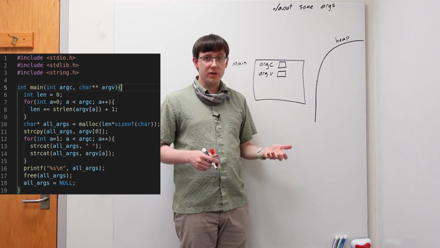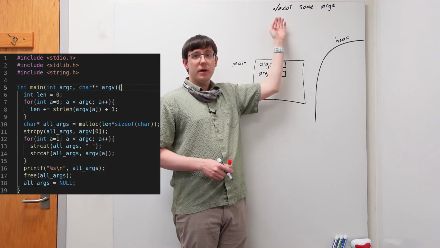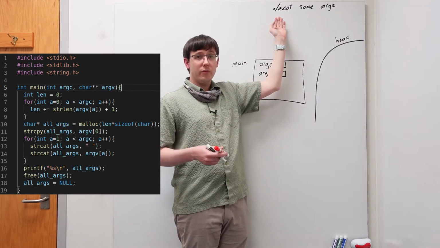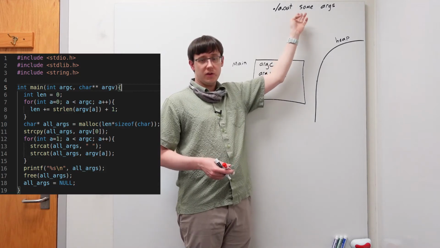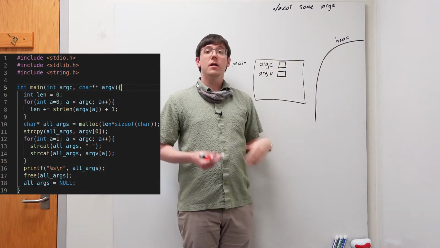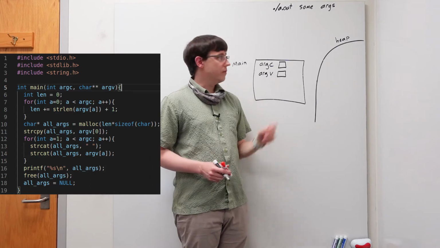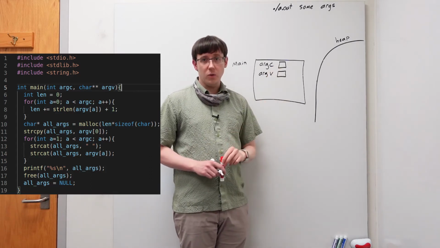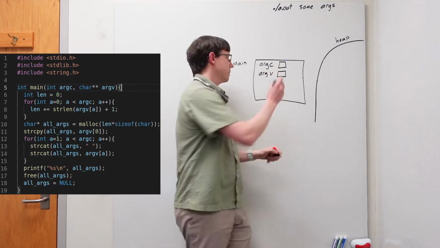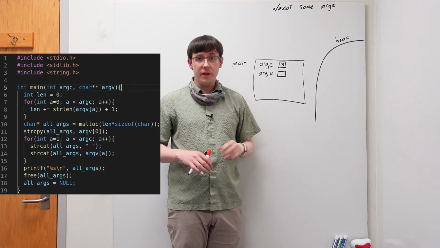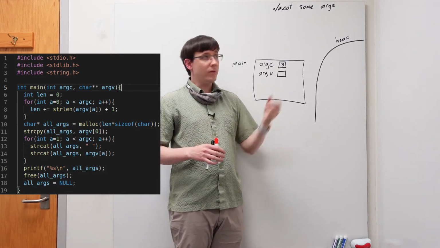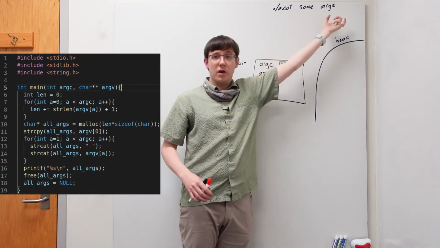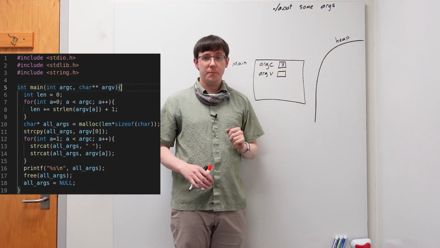If our executable is called a.out and the program were run from the command line with ./a.out some args, then we would have an argc value of 3. And argv is the array of strings that represent each of those command line arguments.